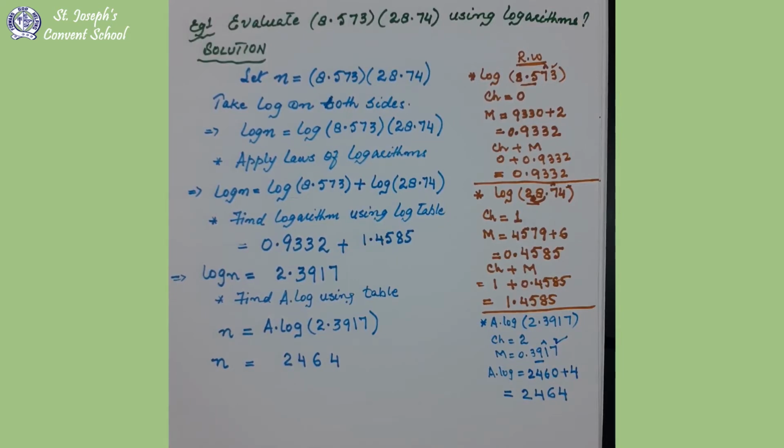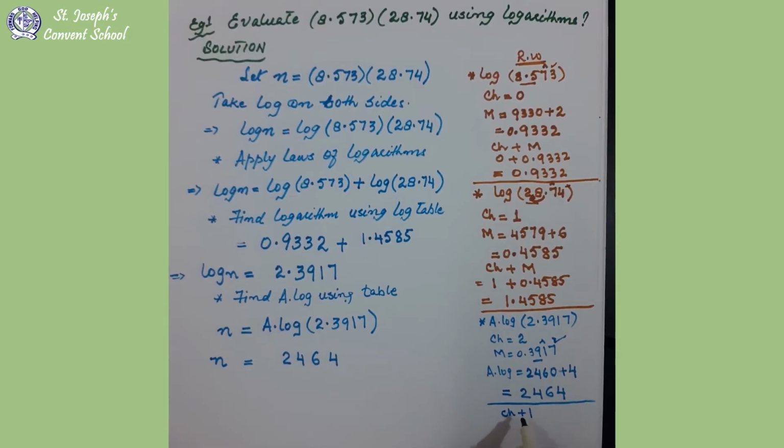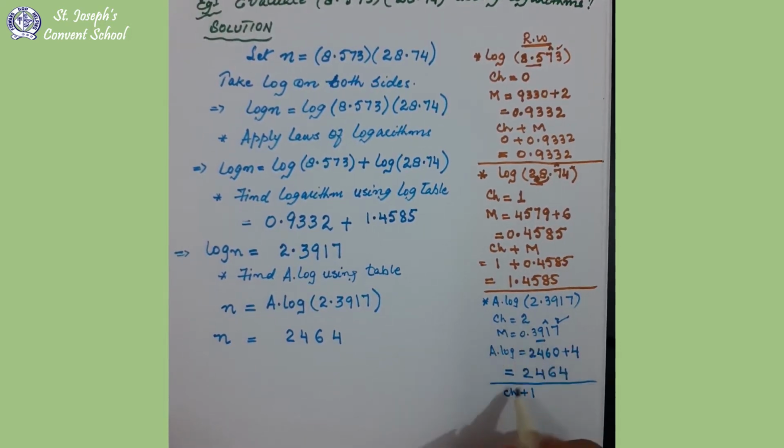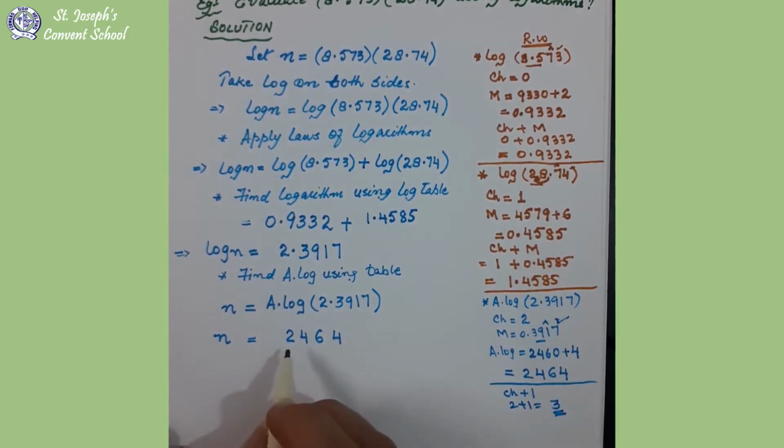To find the place of the decimal, I have explained in the anti-log topic. To find the place of the decimal, we always add 1 to the characteristic. Okay, so characteristic plus 1 means characteristic 2 plus 1 is 3. This 3 means after the third digit, 1, 2, 3, put the decimal. So this is the answer.